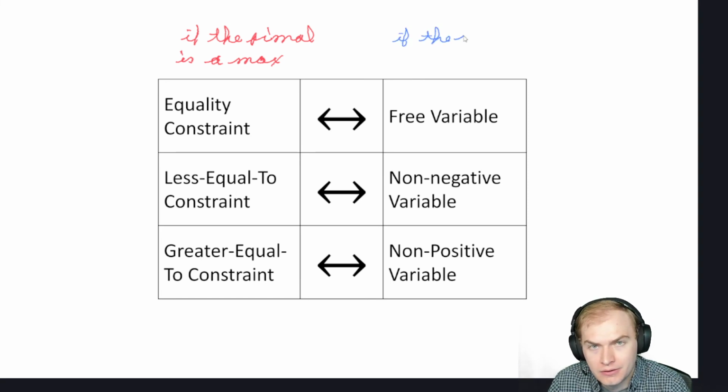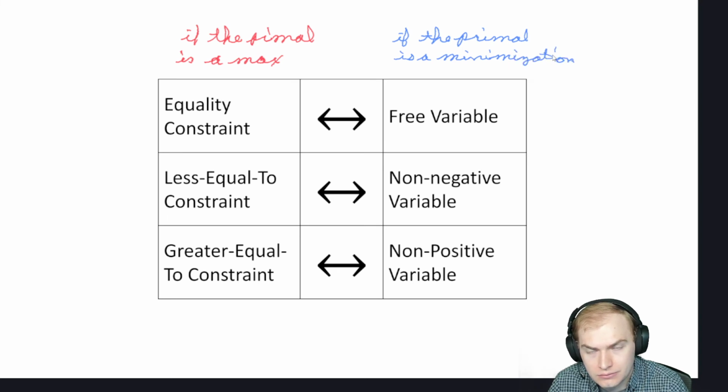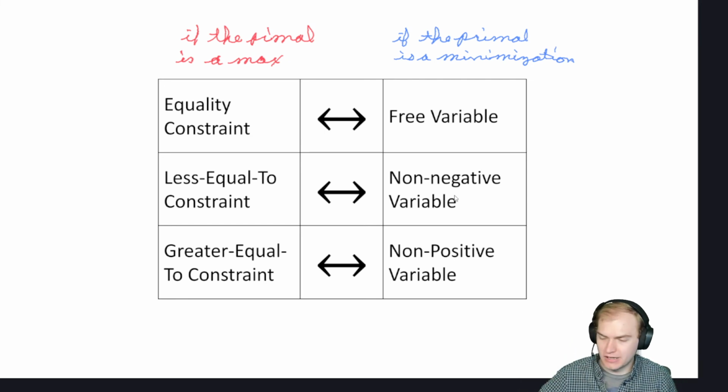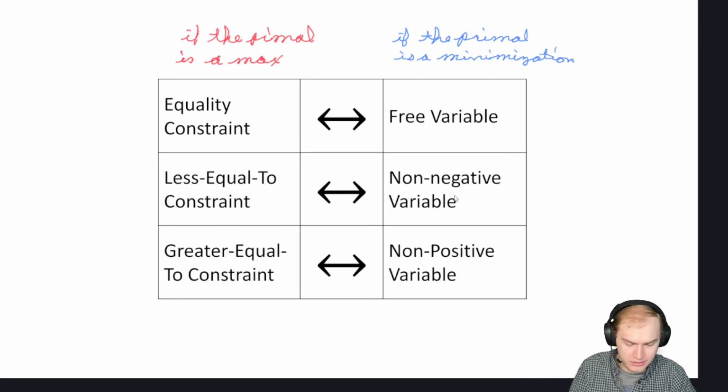If the primal is a minimization, we actually want to have our inequalities point the opposite direction, because we want a lower bound rather than an upper bound.